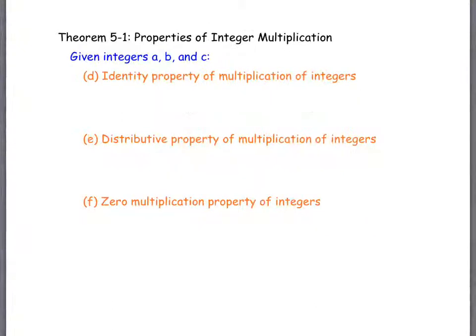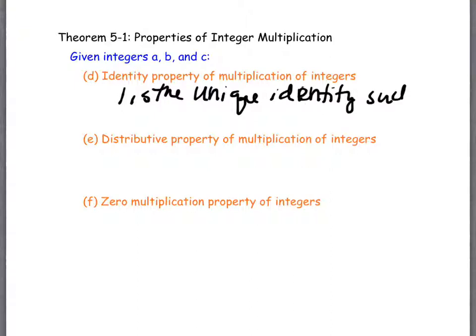Okay, we have a few more. Identity property of integers. Some of you are still working on identity things. There is an identity element. One is the unique identity such that 1 times any number is equal to that same number times 1, which is equal to the number A. That was awful.